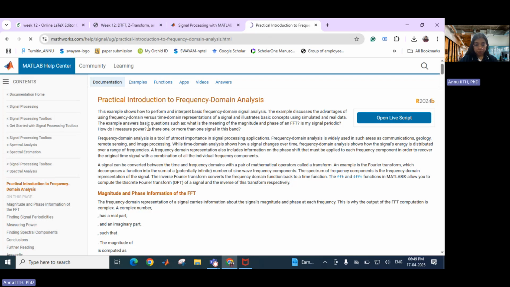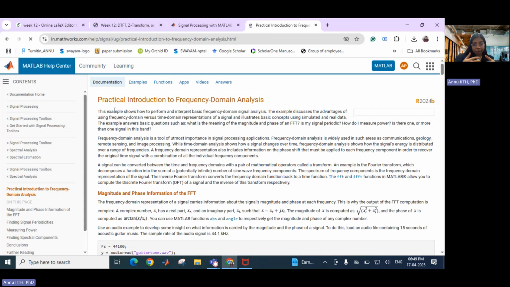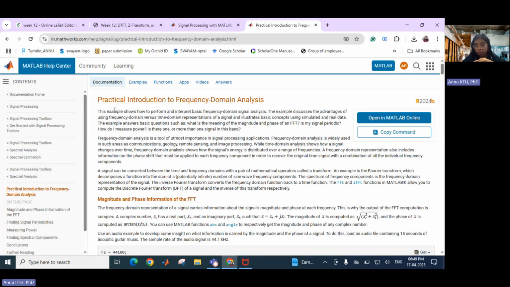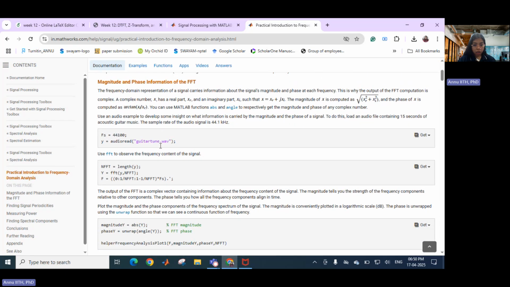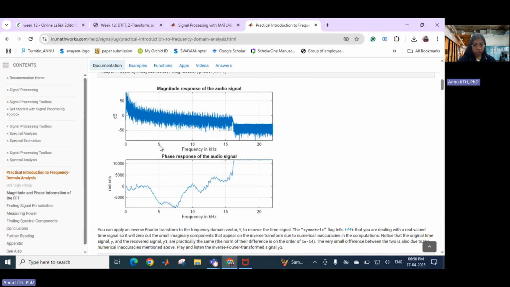I will be introducing you to a practical example, a practical introduction to frequency domain analysis. This example shows how to perform and interpret basic frequency domain signal analysis. It discusses the advantages of using frequency domain versus time domain representation of a signal, which illustrates the basic principles using simulated real data. Here, this is a magnitude response of the audio signal.